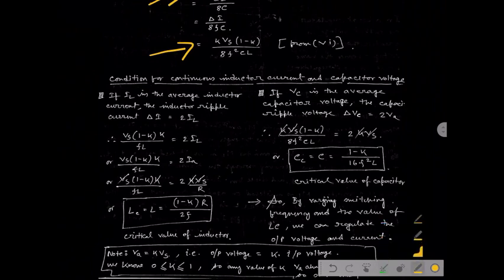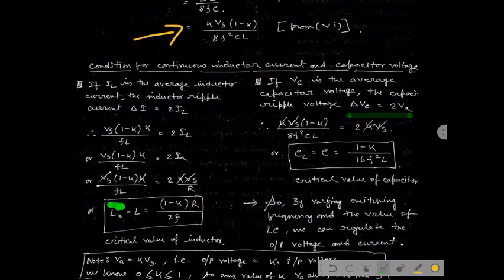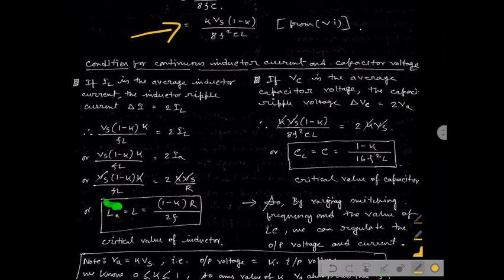As we know, if IL is the average inductor current, the inductor ripple current will be del IL equal to 2 into IL. Similarly, if VC is the average capacitor voltage, the capacitor ripple voltage should be del VC equal to 2 VC.